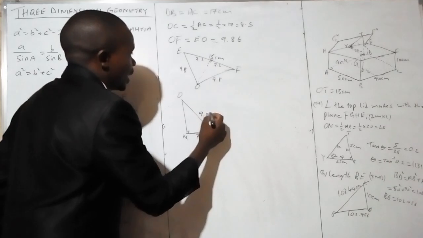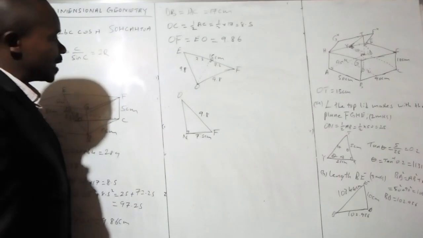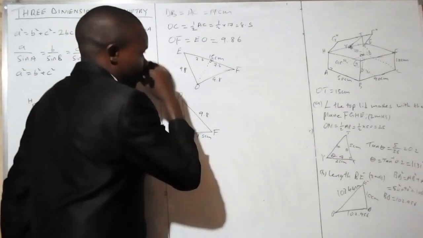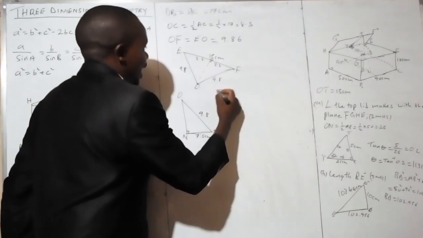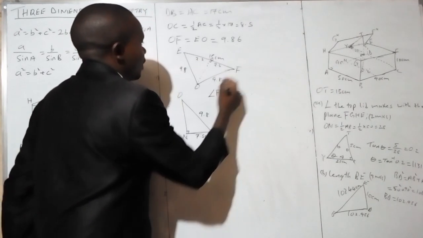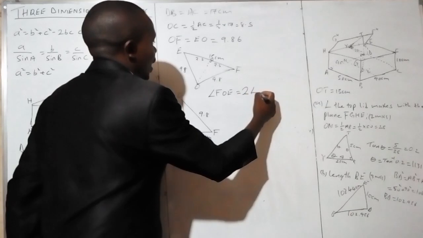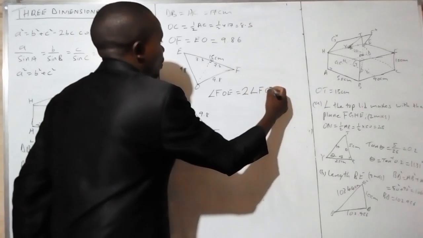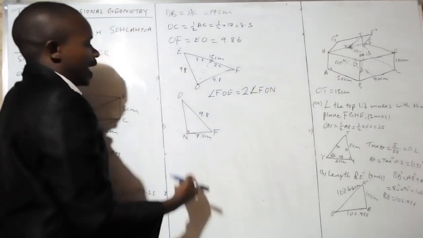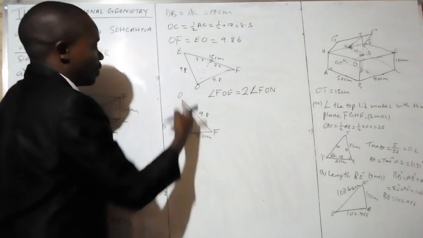The angle the examiner wants us to get is FON. We can say that FOE is equal to twice angle FON, which means first of all you are going to get FON. We multiply by 2.